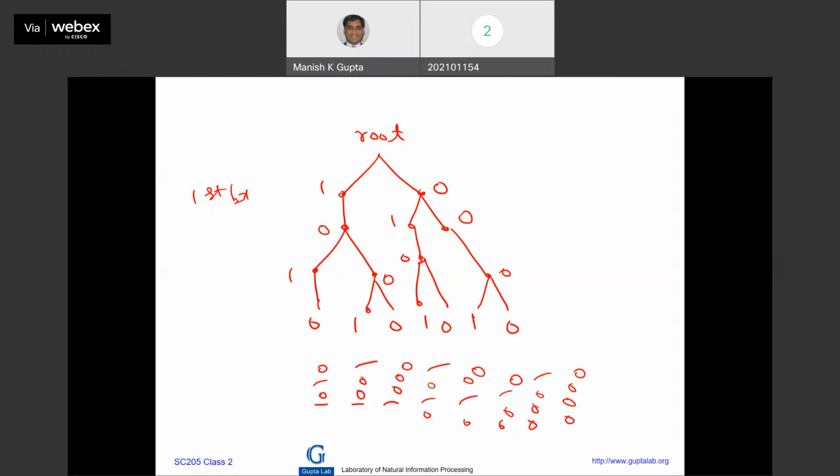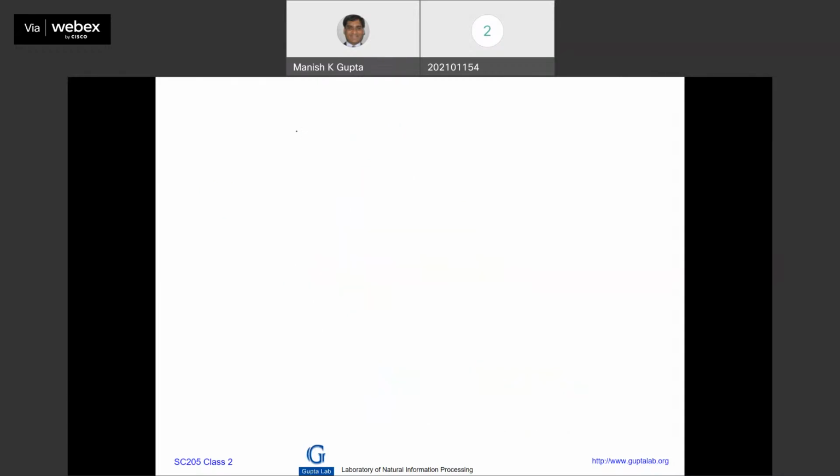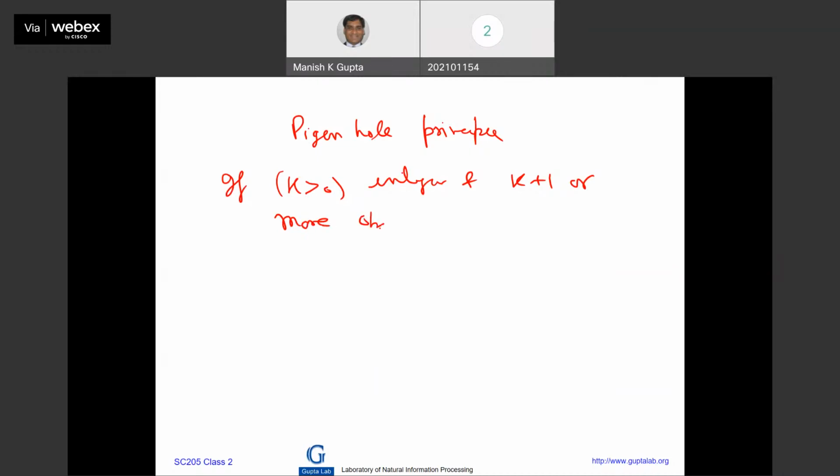Next is the pigeonhole principle. If k is a positive integer and k plus 1 or more objects are placed into k boxes, then at least one box will have 2 or more objects.